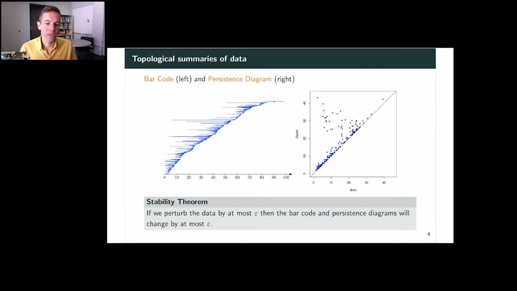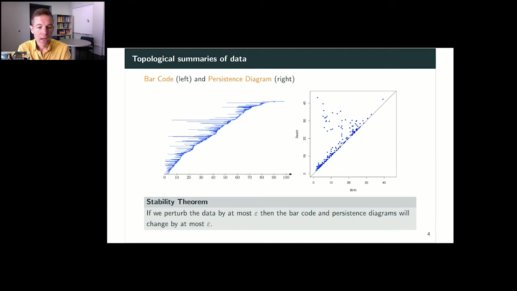So we move on to barcodes coming from real data. We have many more of these intervals, and we have an image like the one on the left. And once we get too many bars to fit on the screen, a more convenient encoding is something called a persistence diagram, which we see on the right. This has dots whose coordinates correspond to the left and right endpoints of corresponding bars in the barcode.